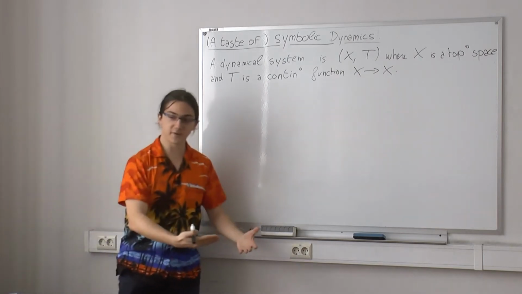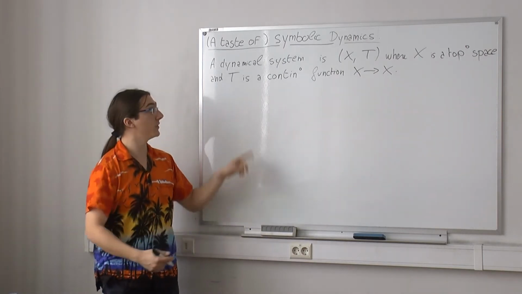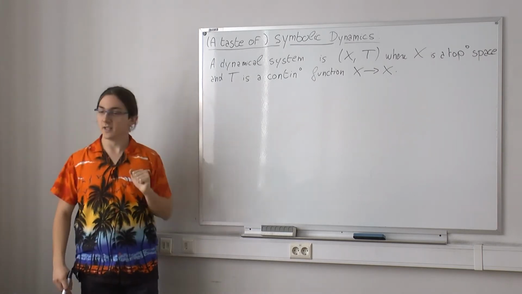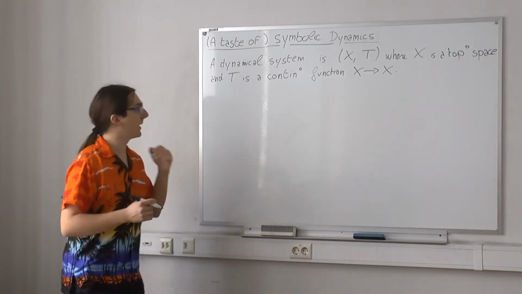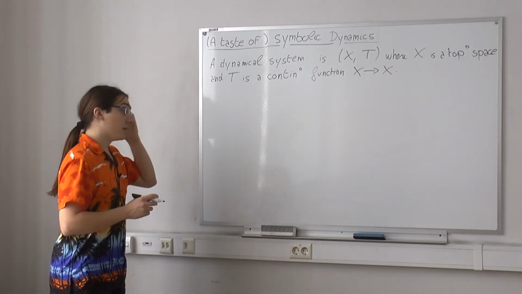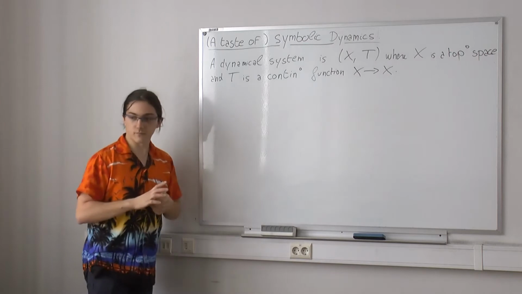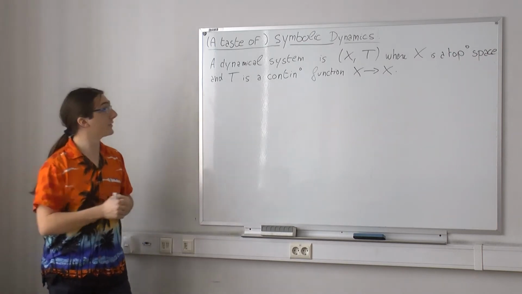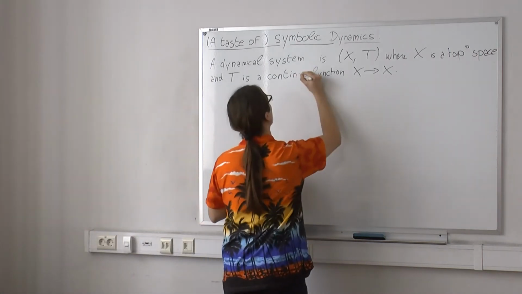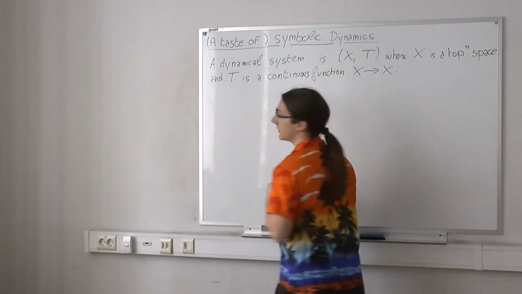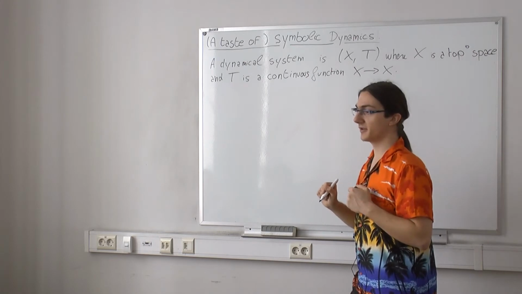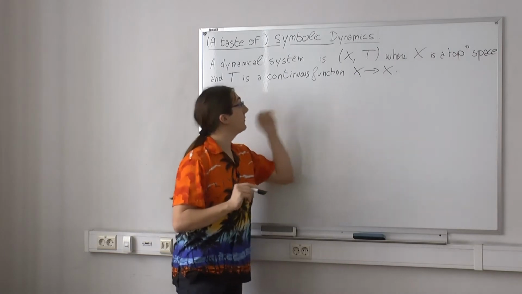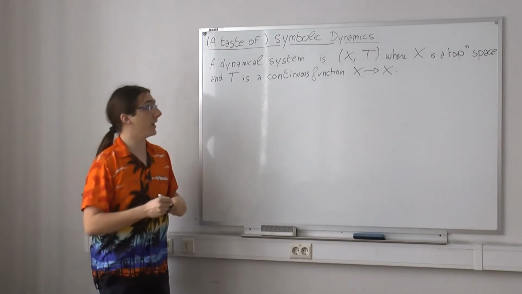In the next moment, since time is discrete, I can talk about the next moment, I'm sent to the new state given by T. This is why I need a topological space: I want a continuous function, and then I'm interested in the iterates.